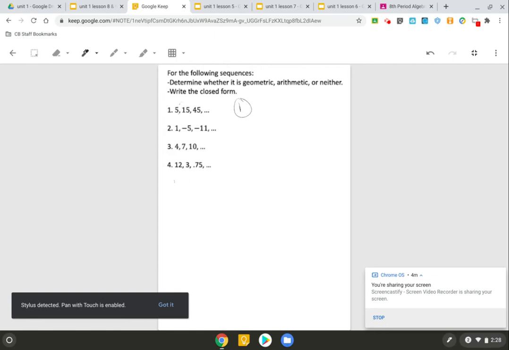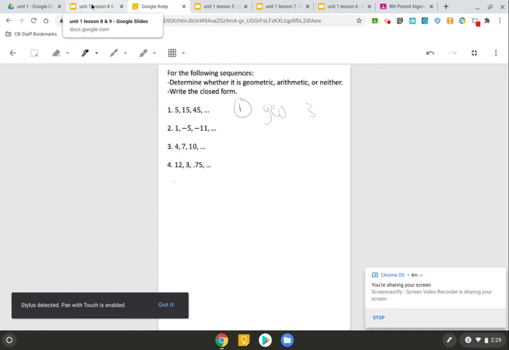To me, that looks like a geometric sequence because I am multiplying by 3, right? Because 5 times 3 is 15, 15 times 3 is 45, and so on. So this is a geometric sequence, and my common ratio is 3.